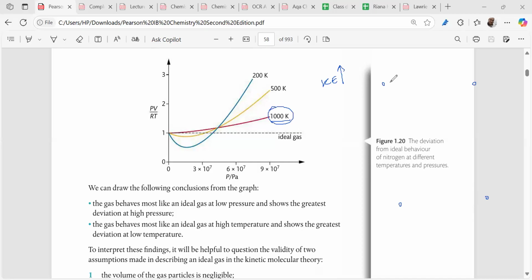The particles of the gas have greater kinetic energy and spread far away. So if they spread far apart, what will the interparticular attraction be?